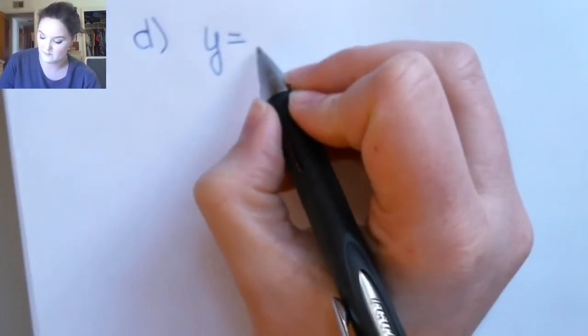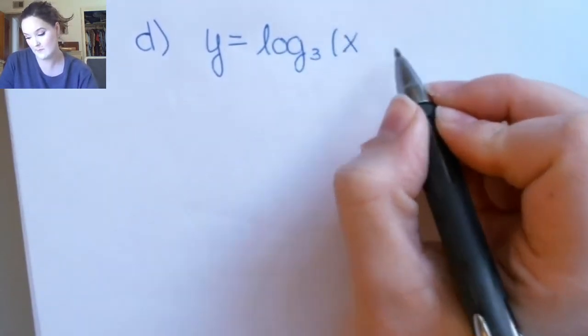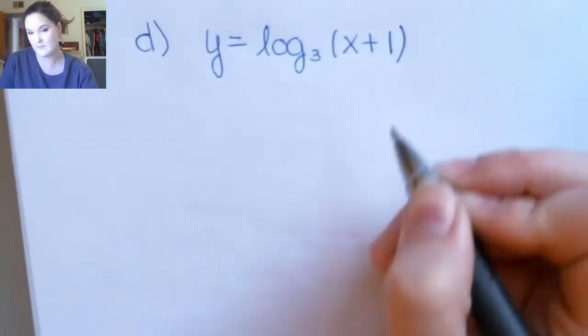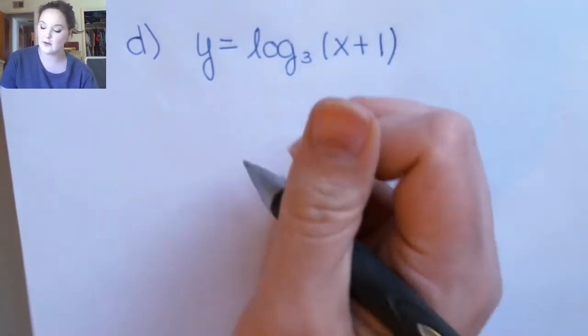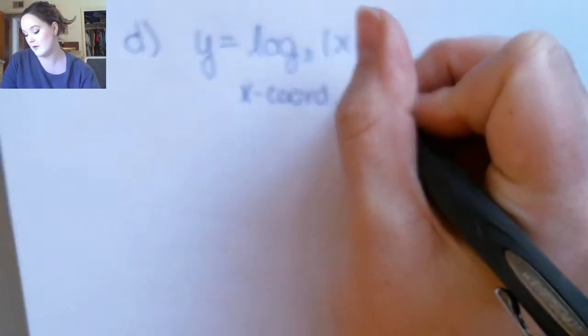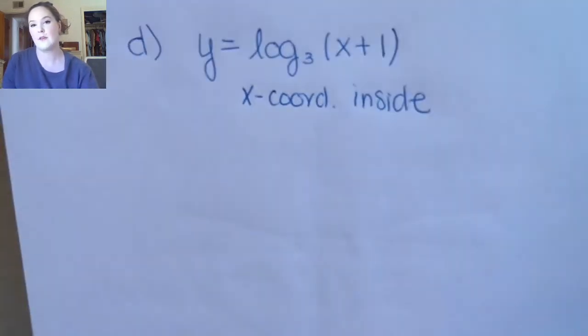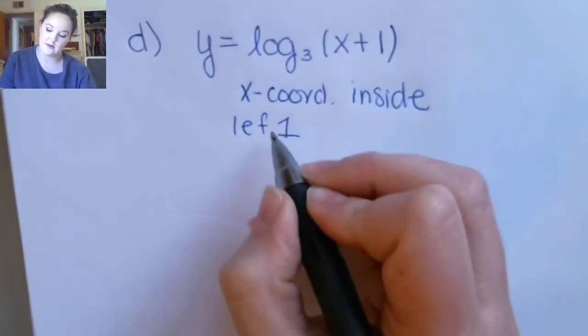Let's look at another transformation. So we have this +1 inside the graph, so we know that's going to affect the x coordinates. Because it's inside, and because it's +1, we know we're going to move left 1.